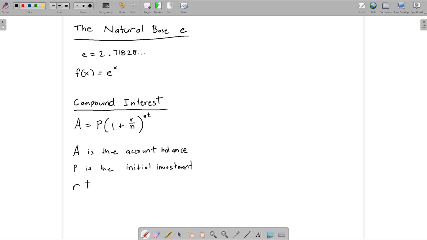And then r is the annual interest rate. So the rate that the bank gives you, essentially. n is the number of times that your balance is compounded per year.